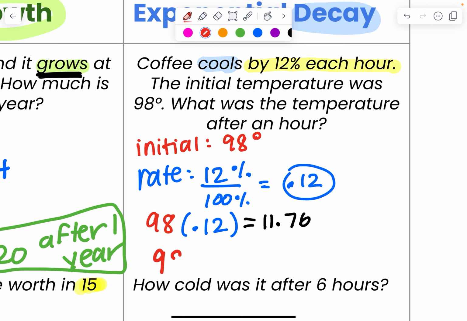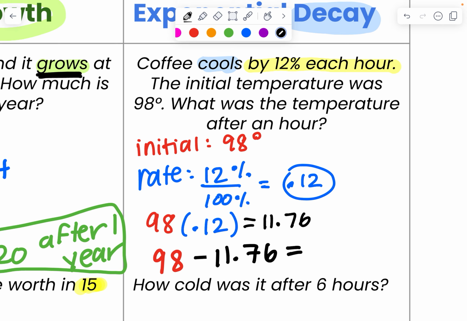So I'm going to take 98 minus 11.76 degrees. And this is going to give me my temperature after 1 hour. That's 86.24 degrees after 1 hour.